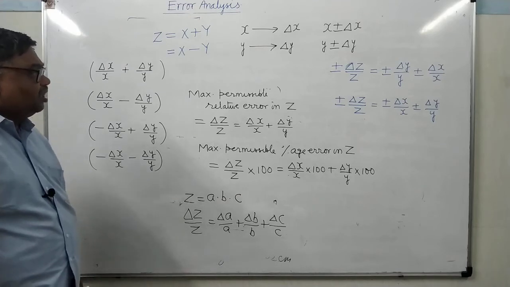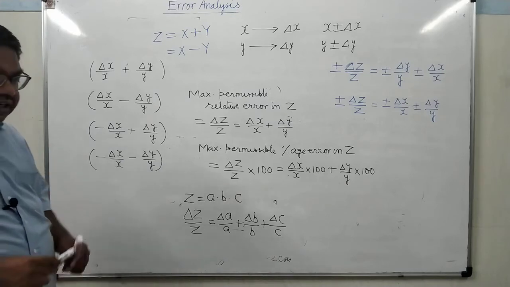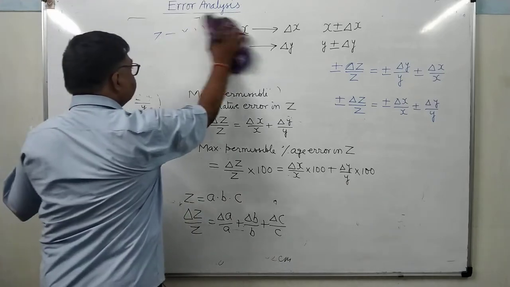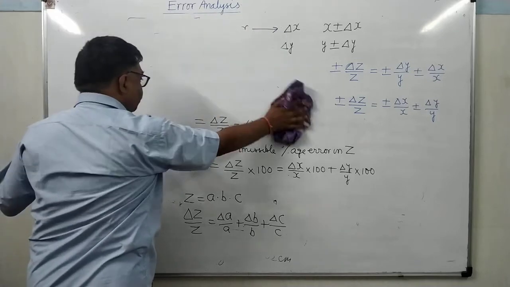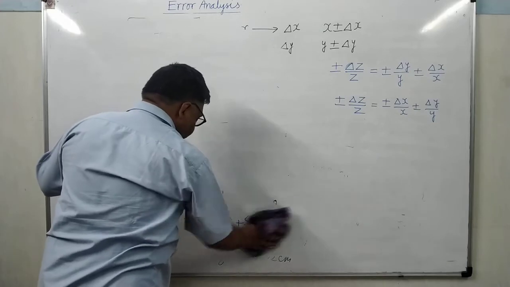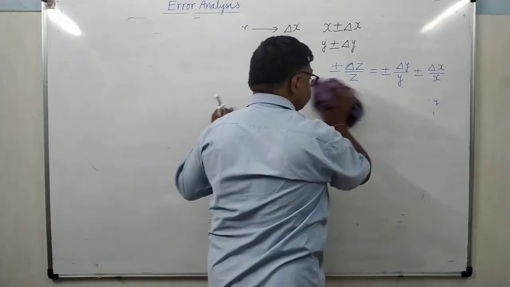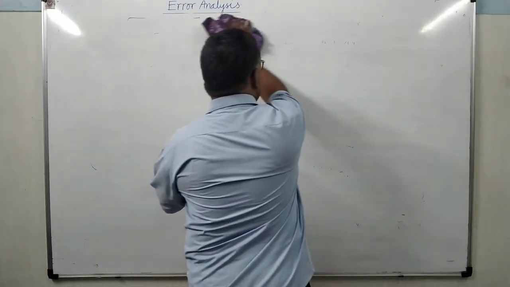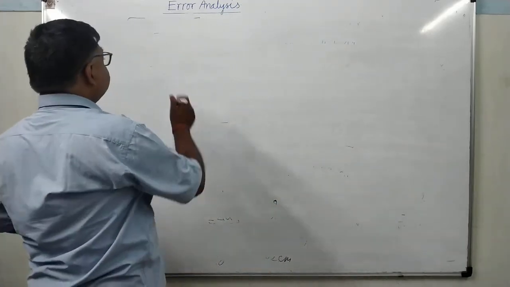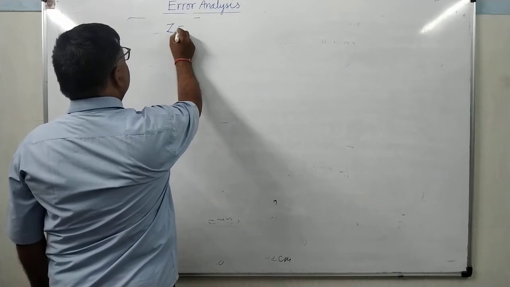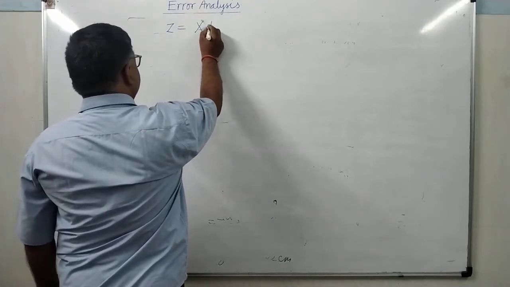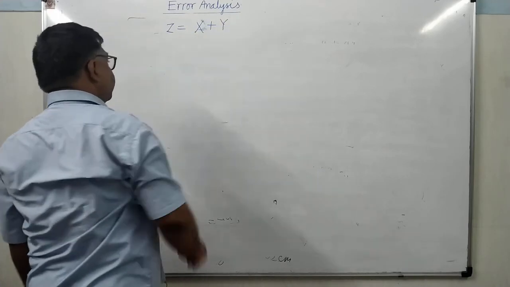It's clear? Now see the case when there is division between the measured values. So the fourth case, when there is division between the measured values. Suppose z is equal to x upon y.